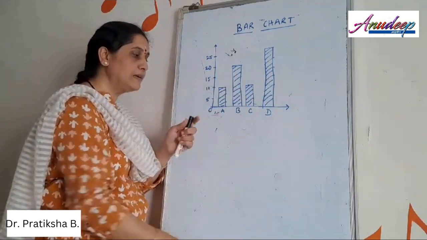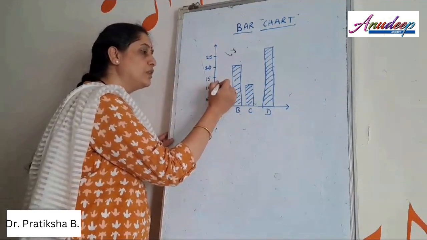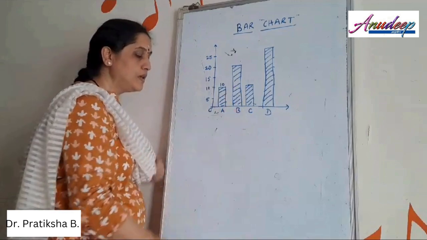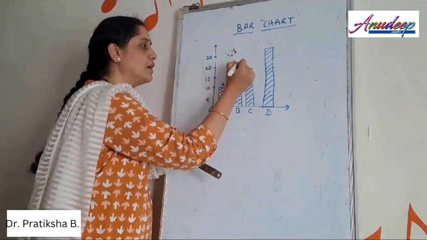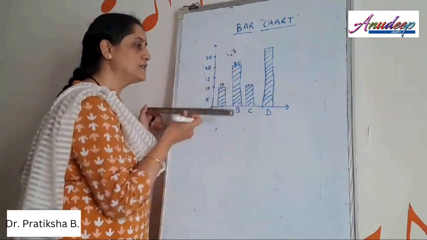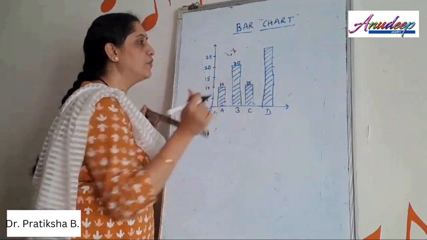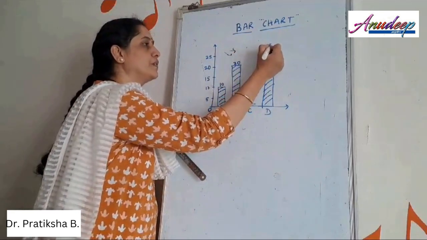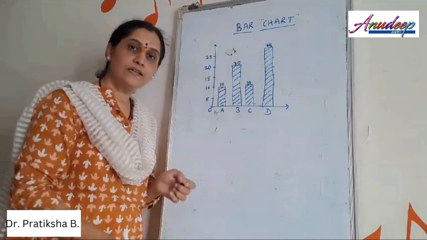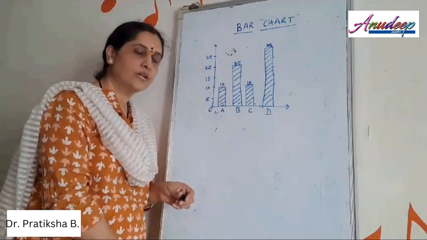So for category A, the value on the y-axis is 10. For B, as you can see, it is 20. Again for C, it is 10. And for D, it is 25. So using the scale, it will give you the appropriate number for the calculation.